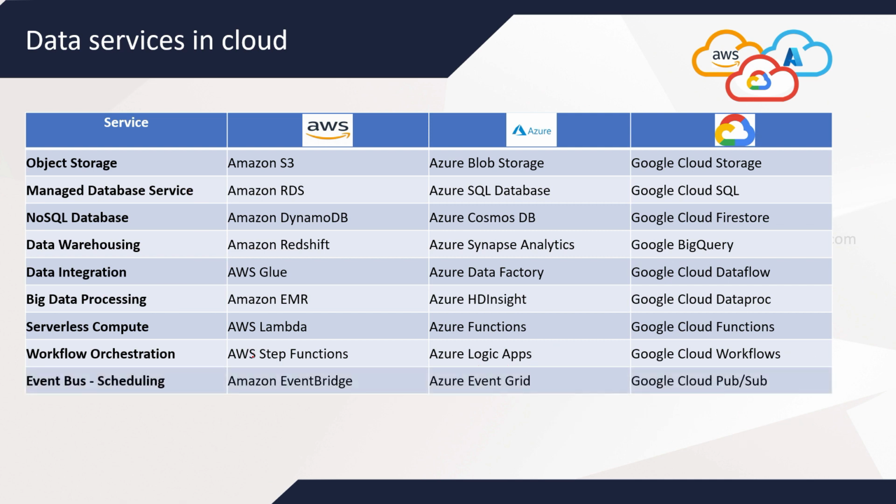Okay, and then the next service is event bus. This is primarily used for scheduling purposes, right? You have your ETL ready, you have the processing ready, you have this workflow created, you have your database ready. You have to have that scheduling also, correct? So let's say you have 10 different Lambda jobs and 20 Glue jobs, and there are like 10 RDS procedures.